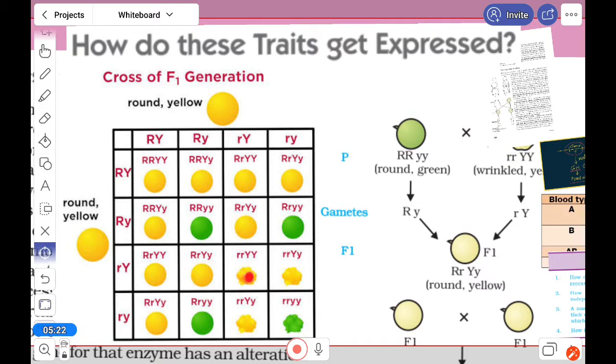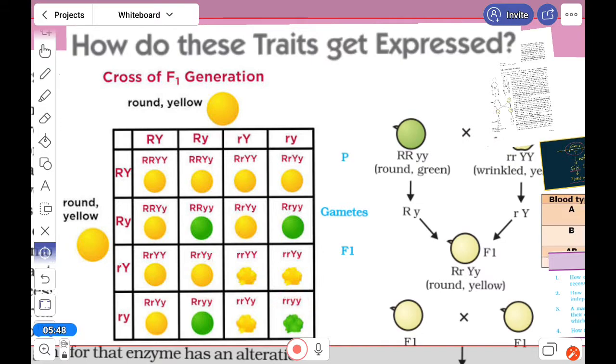Here, at least one capital Y is there, so it is yellow in color, but capital R is not there, so it is not round; it is yellow and wrinkled. And only one has no dominant gene, so it is green and wrinkled.